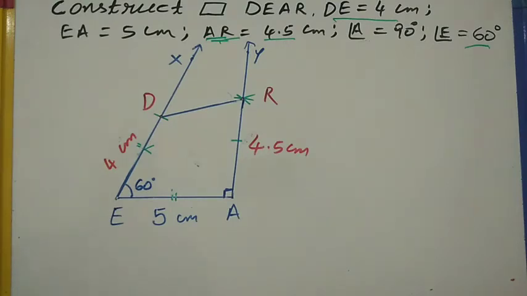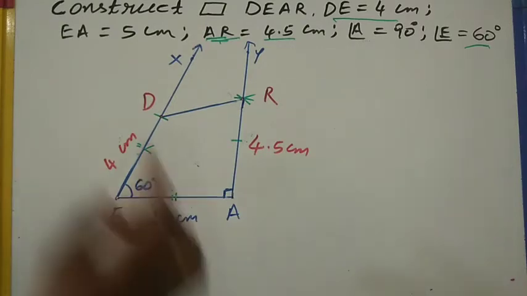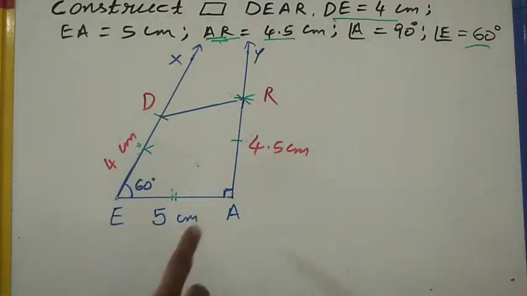So, now we will go for steps of construction. What are the steps of construction here? First step, draw a side EA as the base. Why I am choosing EA only?